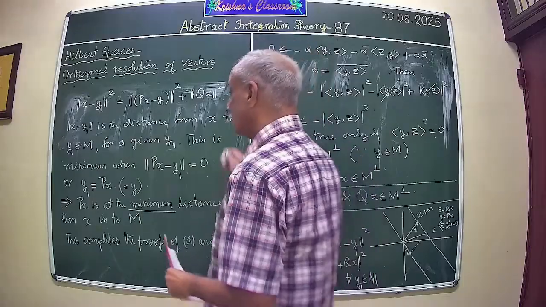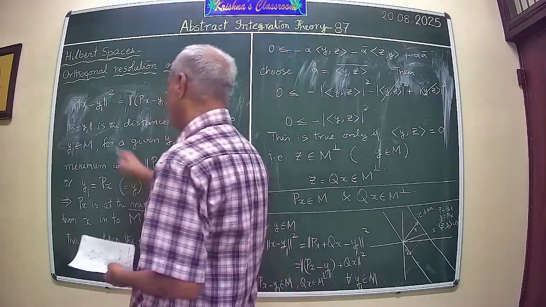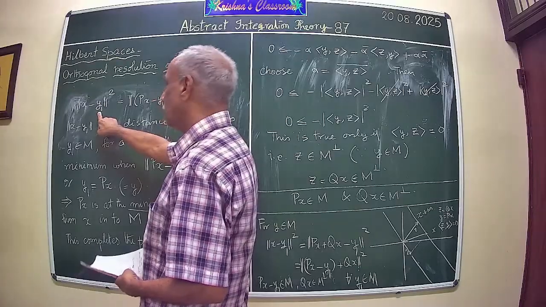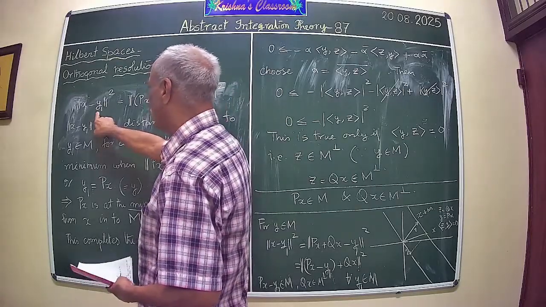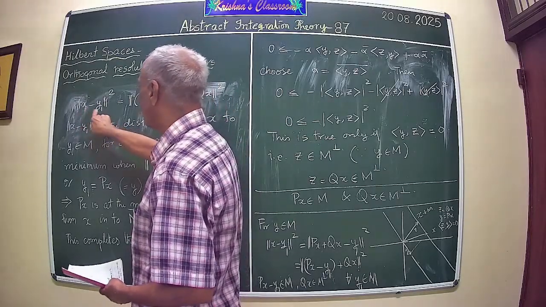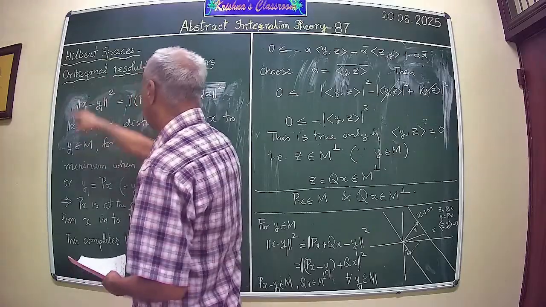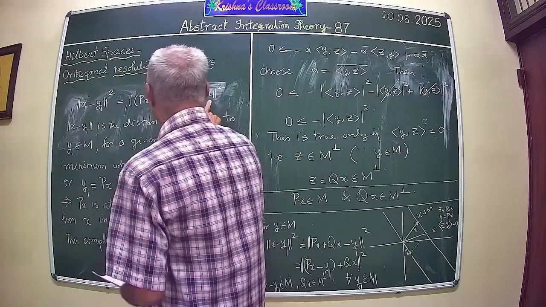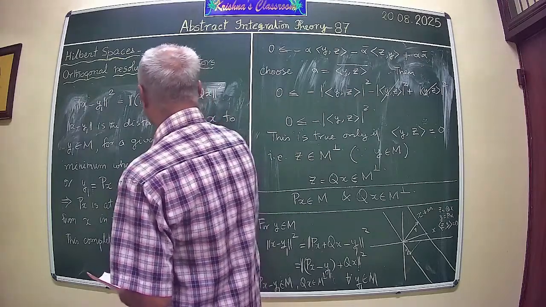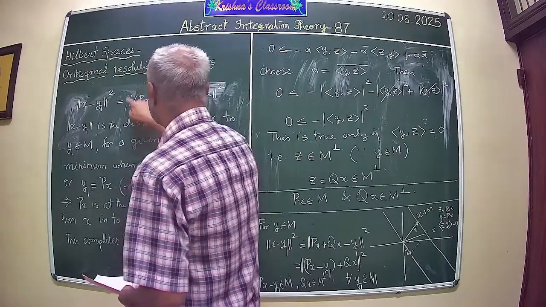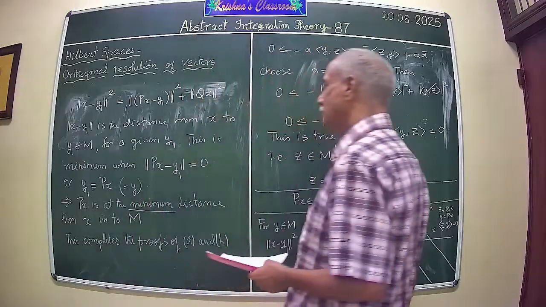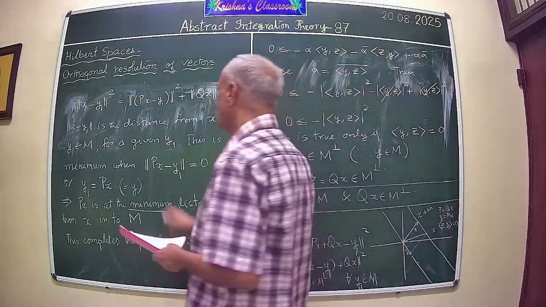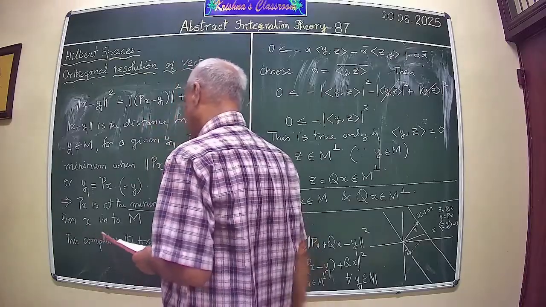And when is this minimum? Okay. Y1 turns out to be the point which gives minimal distance from x, provided this is minimum. When is this minimum? It's a sum of two positive terms, and this happens if you can make this 0. That is 0 only when Px equal to y1.